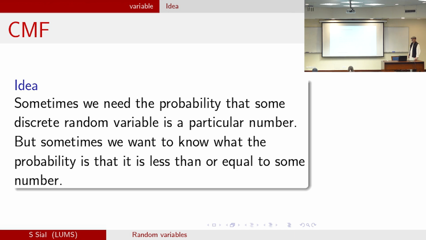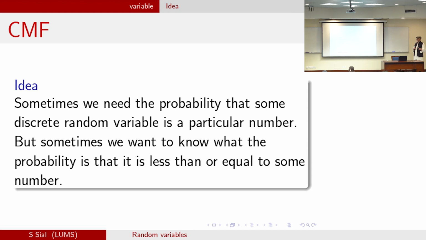Basically the cumulative mass function is accumulative probabilities below some input. So the idea is that the PMF evaluated at x equals 37 is the probability that x takes the value of 37.